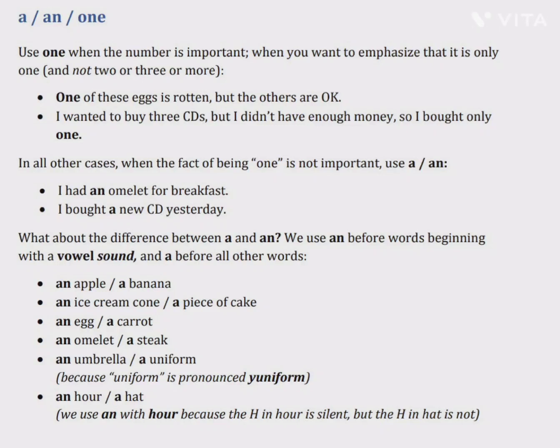Now see, what about the difference between a and an? Again, we have a confusion about how and when to use a and an. We use an before words beginning with a vowel sound, okay. Remember, this is a very simple thing, note it down in your minds.